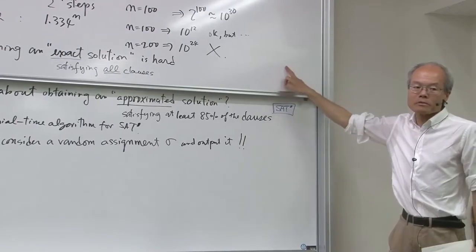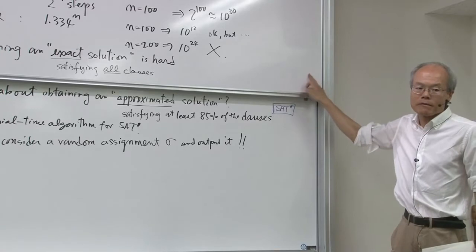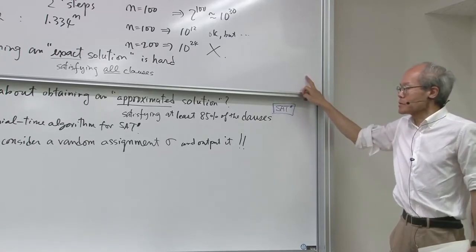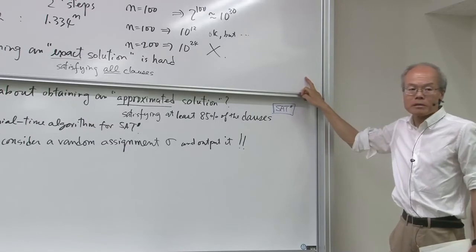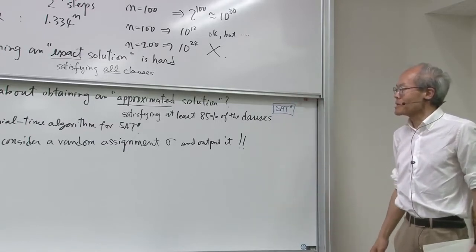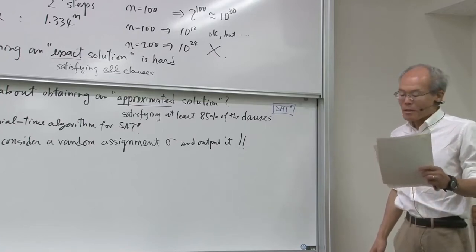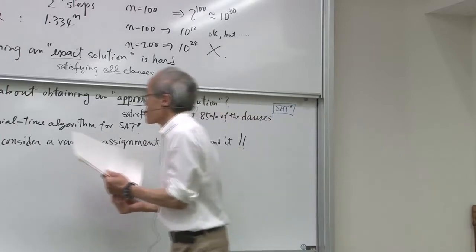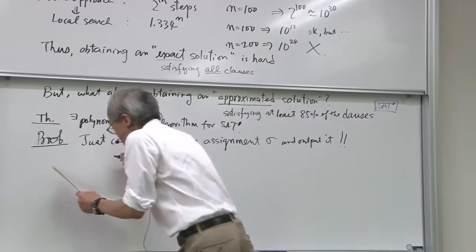For x2, randomly choose true or false, and so on and so forth. And just output that assignment. This is just a single line algorithm. It's pretty easy. Why is this correct? This is again very easy.